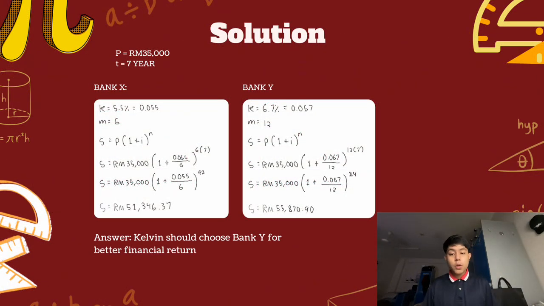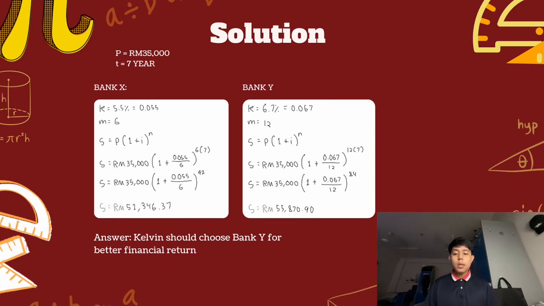Case study 1 solution. The investment amount is 35,000 Malaysian ringgit with a 5-year investment period. Bank X offers an interest rate of 5.5% per annum, m equals 6, while Bank Y offers 6.7% per annum, m equals 12. Both banks use the formula S equals P times (1 plus i) to the power of n.